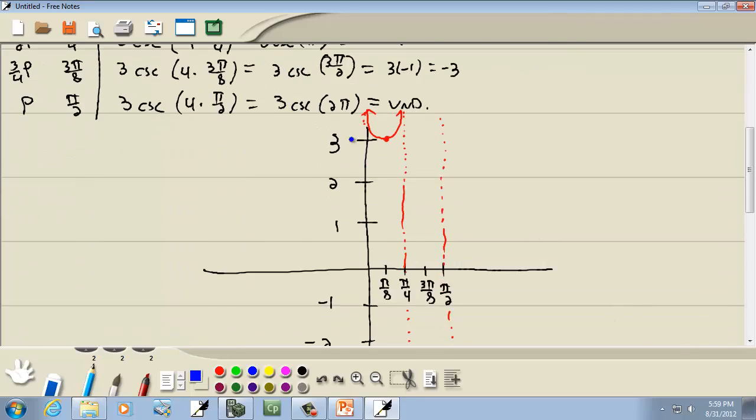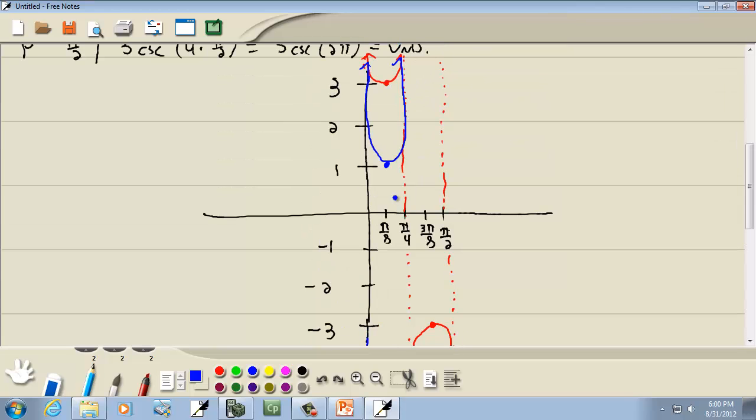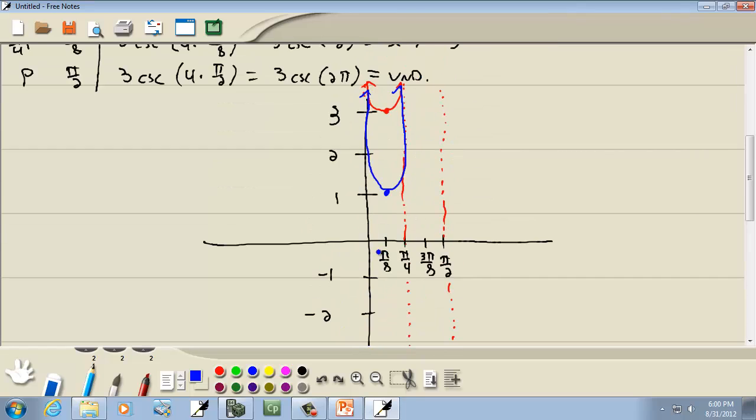So this one here is going to go down 2, which would be right here, which means my graph would look like that right there. So the blue is actually our answer. This one is going to shift down 2. So shift down here, and it'll, again, look like that. And then I would repeat that. I didn't draw that real well, but oh well. We'd repeat that if we wanted 2 periods.